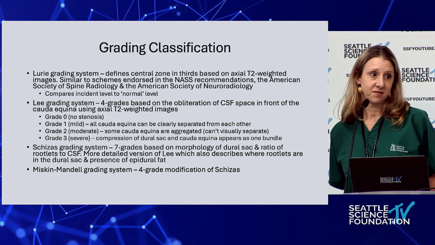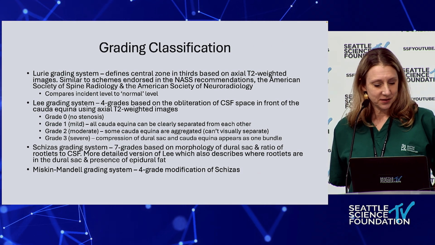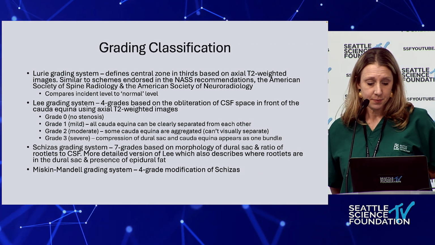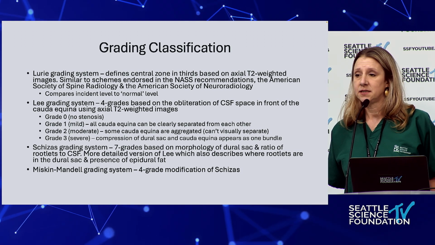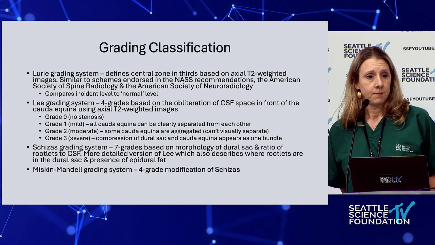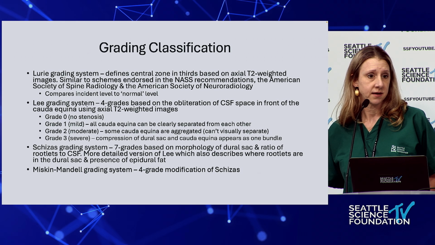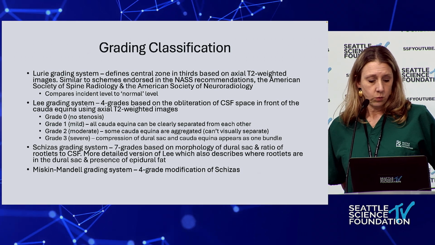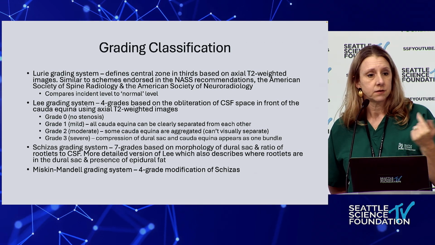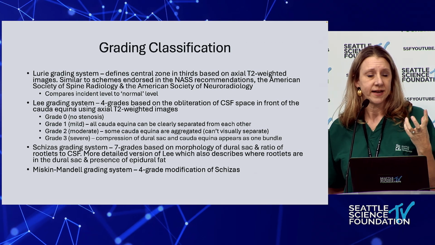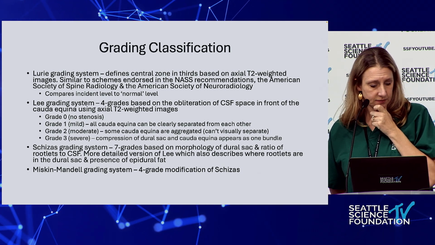The Lee grading system is my favorite because it's named after me. The Lee has 4 grades, and it's based a little differently on obliteration of the CSF that we see at our T2 weighted imaging, which may be a little bit more meaningful. It's definitely easier to appreciate that when you look at an axial view. Grade 0 being no stenosis, which you would see as an obviously clear ring of white in your T2 weighted image, of course representing the CSF.